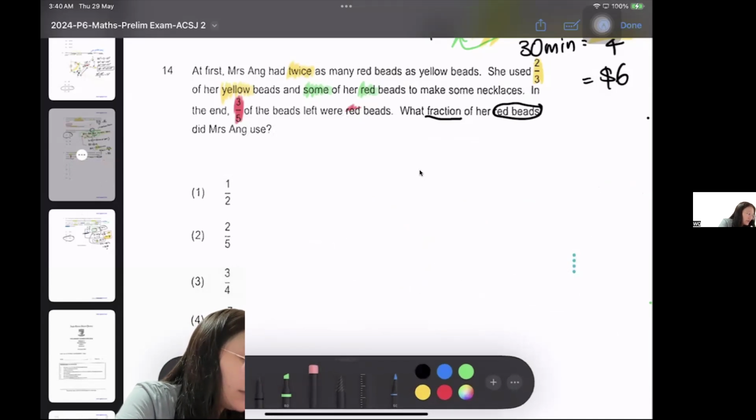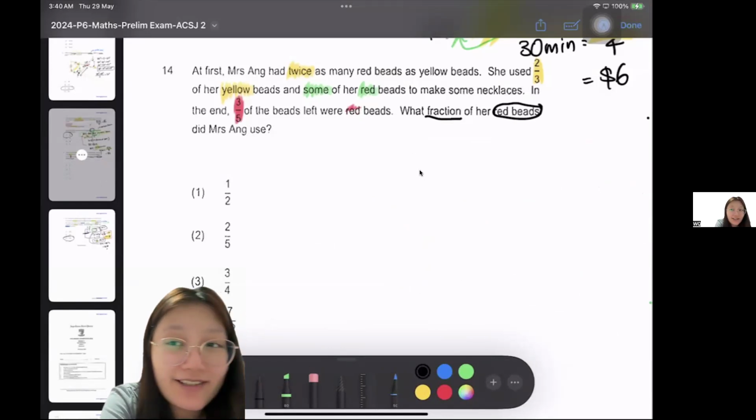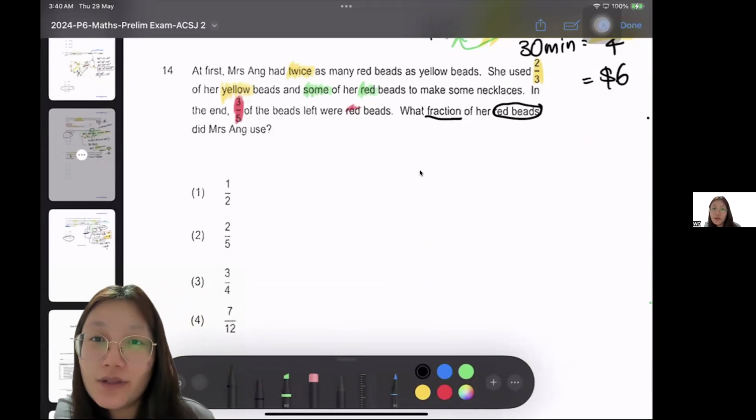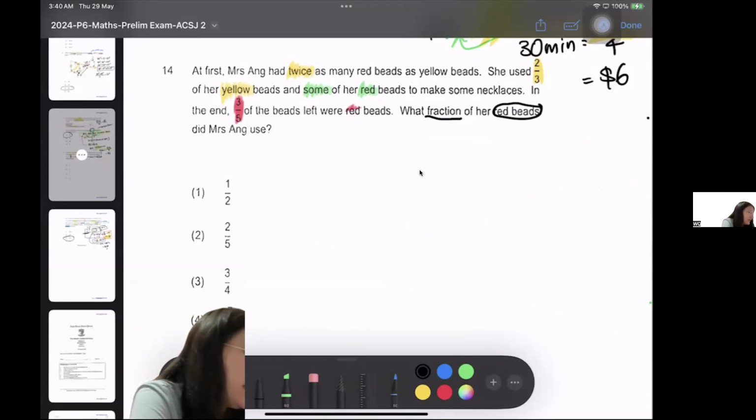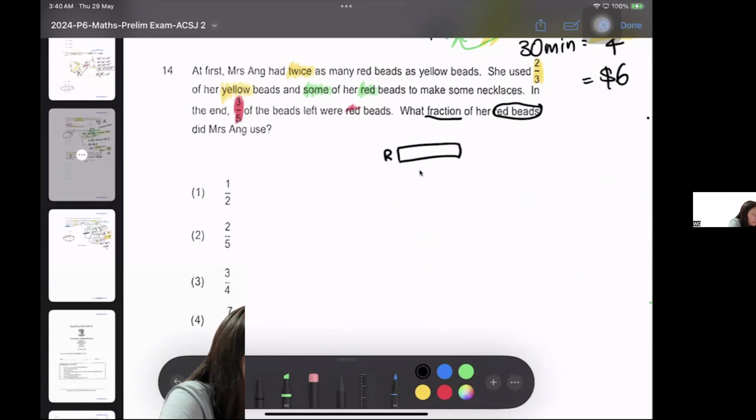Mrs. Ang had twice as many red beads as yellow beads. Maybe we just draw a model, because this one, if you use ratio, is too difficult. So red is 2 bars and yellow is 1 bar.